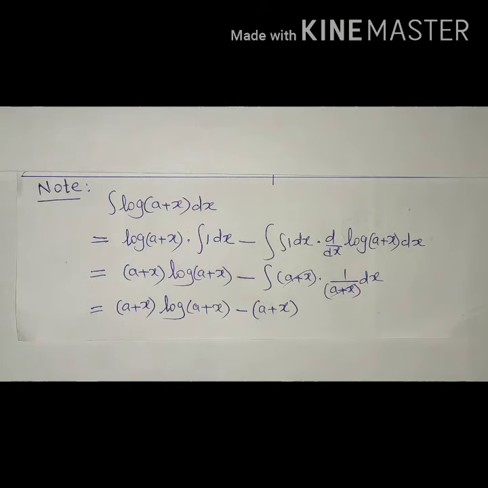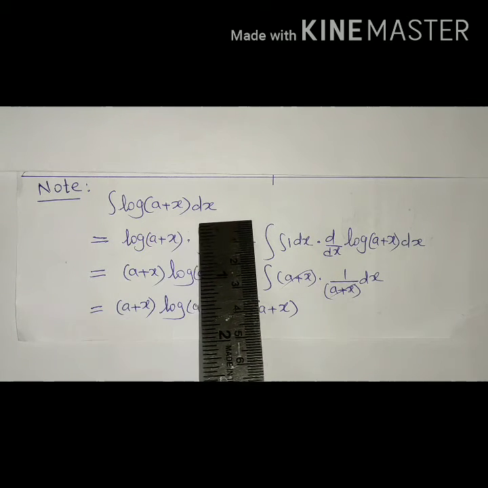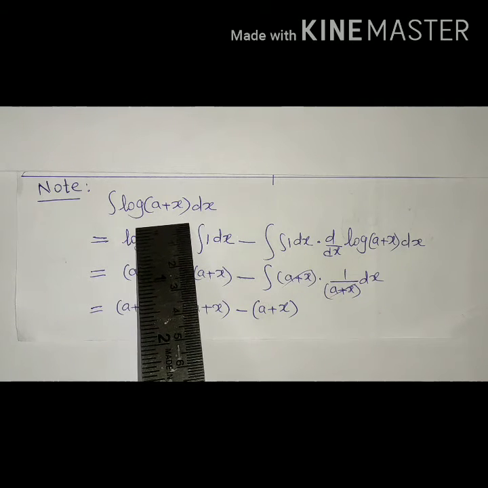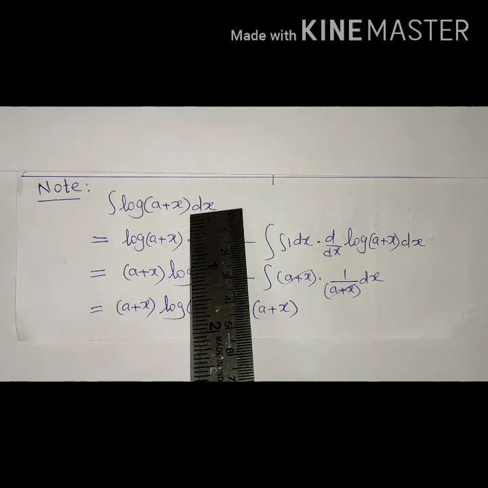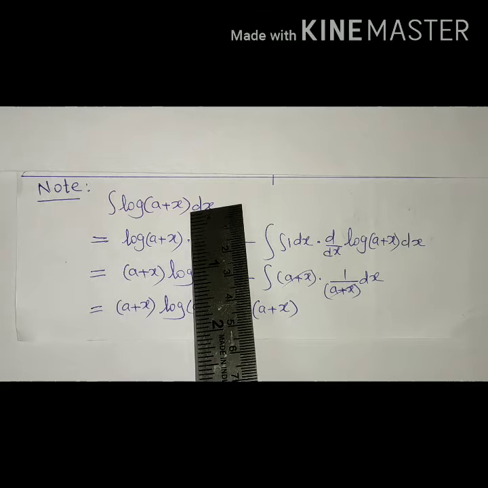Now for the next example, I require the formula for integration of logarithm. So let us have a note here. Note, integration of log of a plus x dx. To calculate integration of log, we always multiply this by 1 and we use the integration by parts theorem.